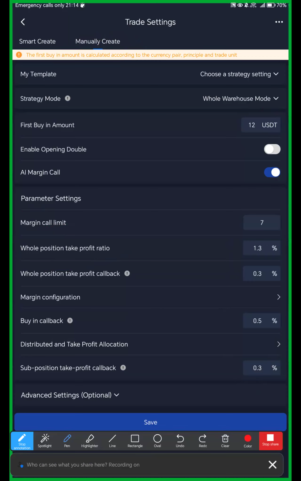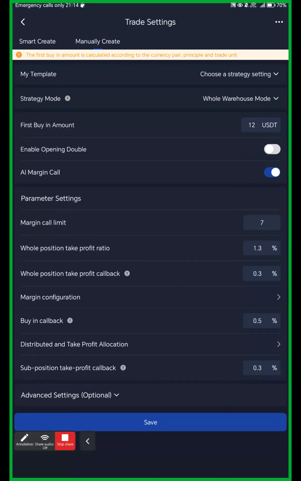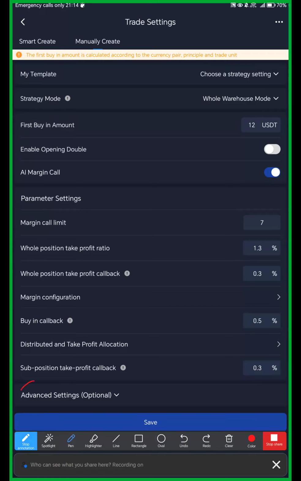But the reason why I am here, there is another setting that we don't normally use. That is for the indicators. When you look down here on this page, there is what we call advanced setting, and it is optional.